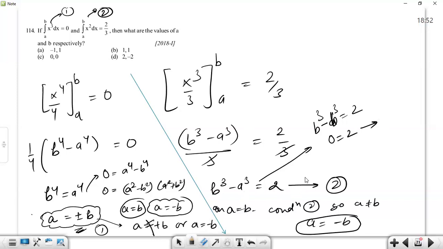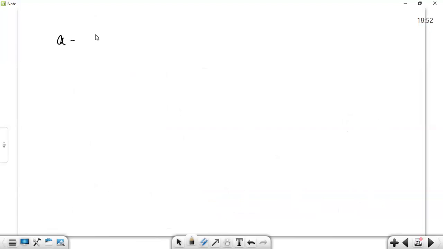Yes, sir. Clear. So a has to be minus b, and we had the equation b cube minus a cube is equal to 2. So let's substitute a is equal to minus of b. b cube minus (minus b) cube.